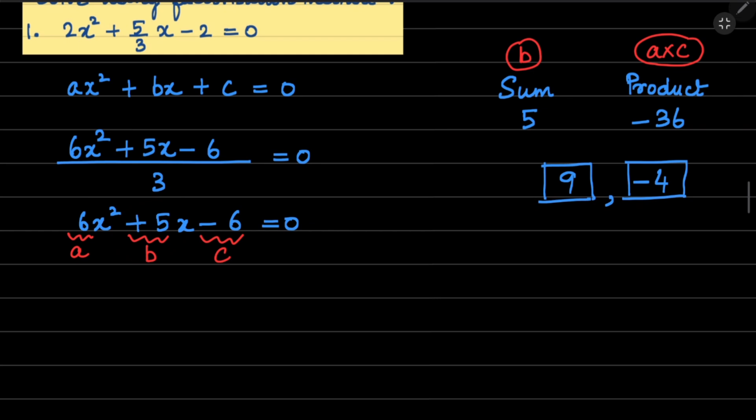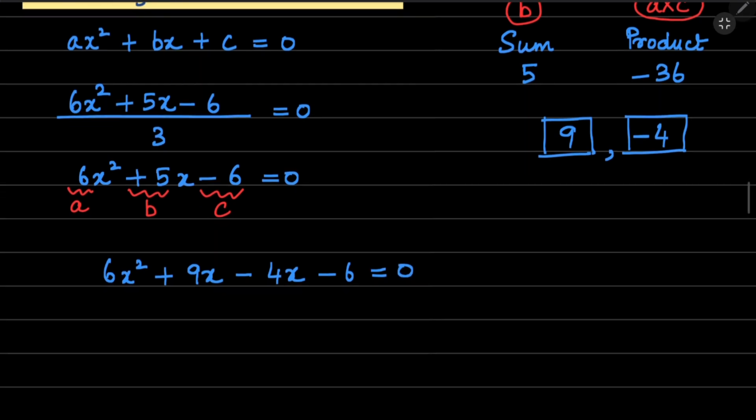So let's do that. X square term will remain the same, that is 6x square. The 5x term, the middle term, will be split as 9x minus 4x minus 6 equal to 0. So you can take 3x common. So the first term will be 2x plus 3. Again, if you take minus 2 common out, you have 2x plus 3 equal to 0.